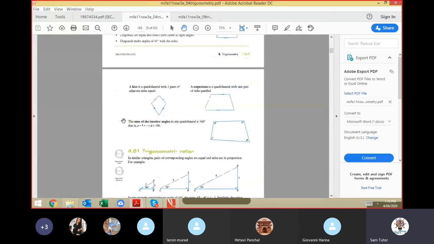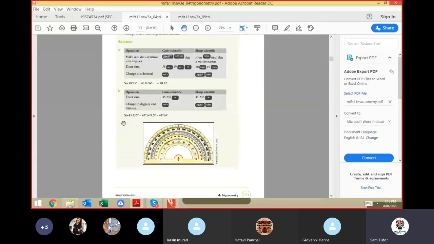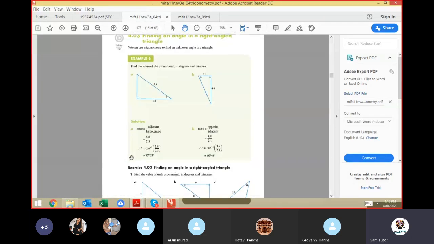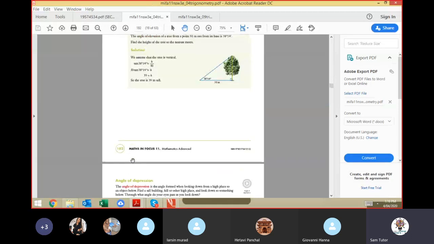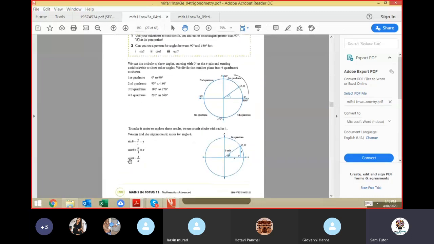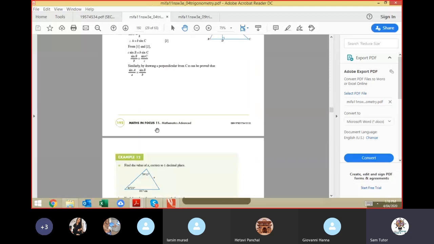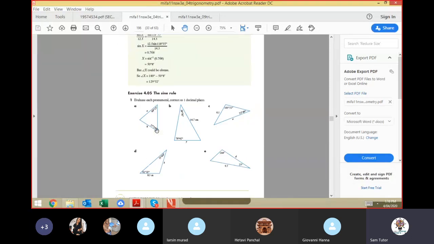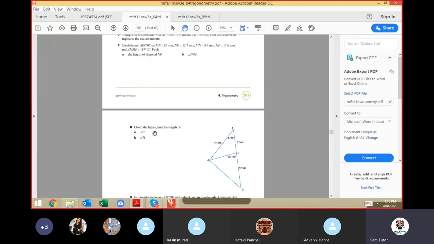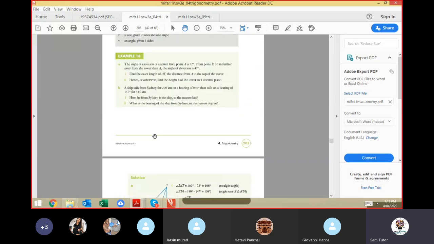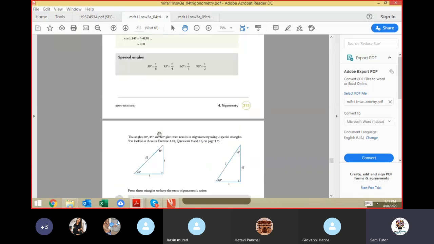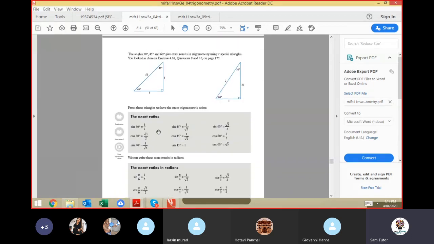That's weird. Trig ratios. All the way down here.